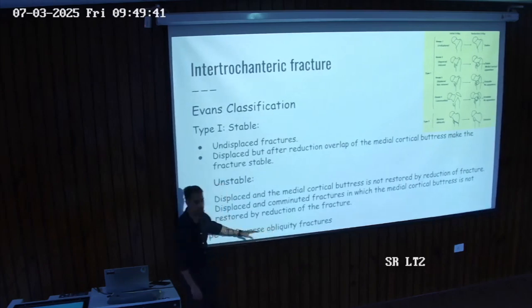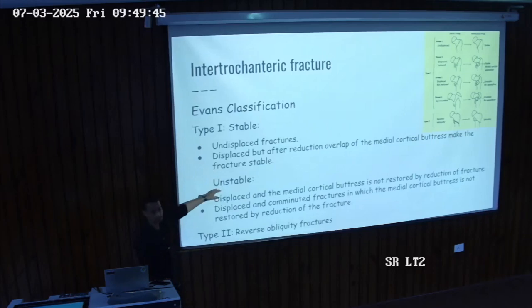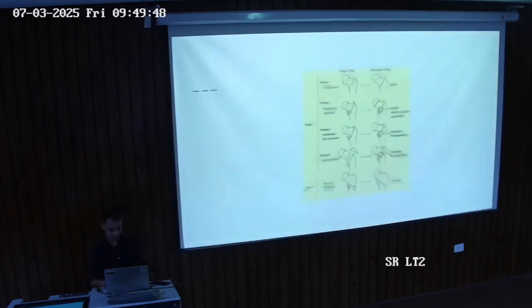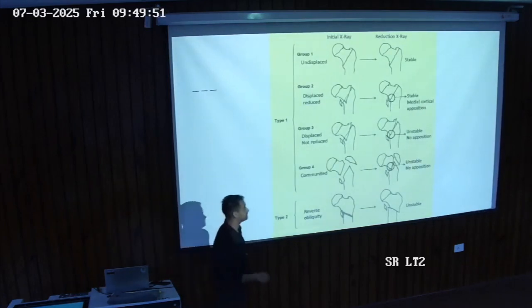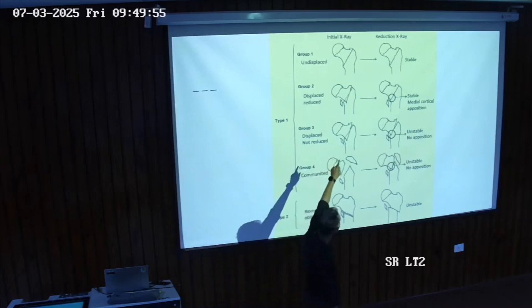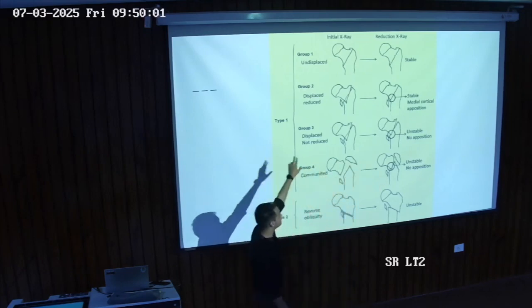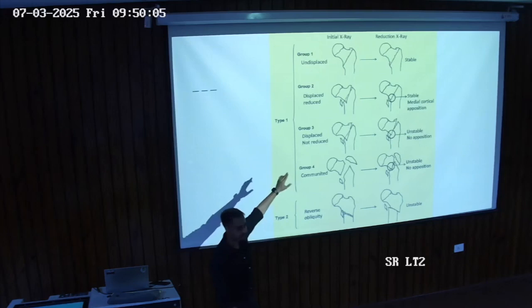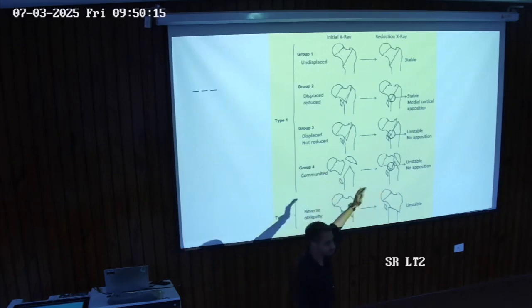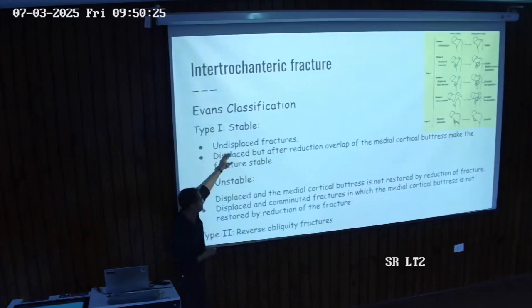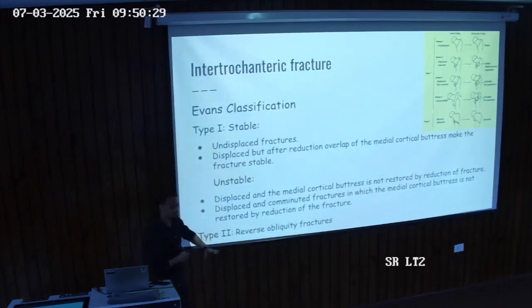There is no stable reverse oblique fracture. For type 1, there is a stable and an unstable pattern. Type 2 is inherently unstable.